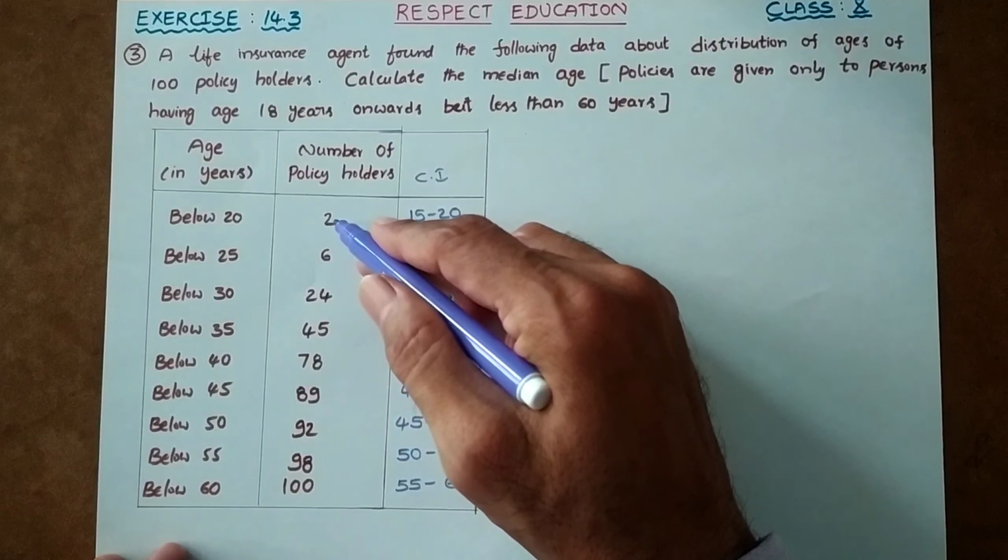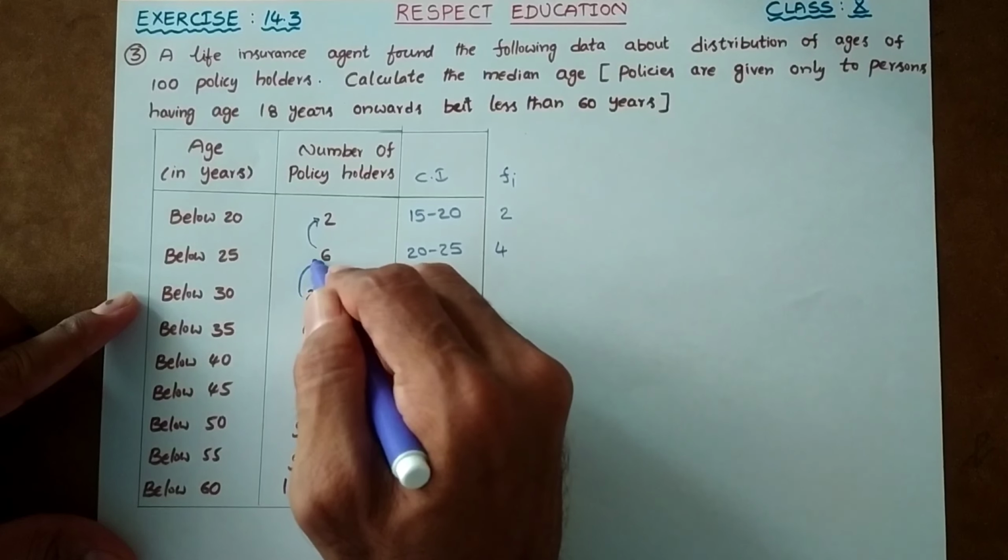So let us prepare the frequency for this given data, and name it as fi. Let us write this 2 as it is. Now in place of this 6, we can write 6 minus 2, which is 4.